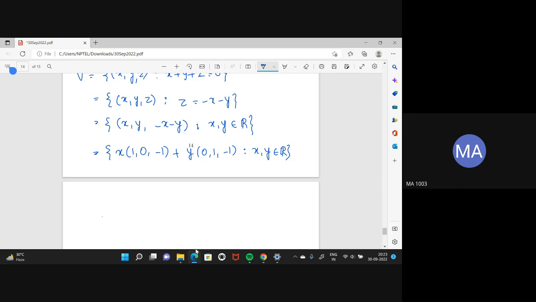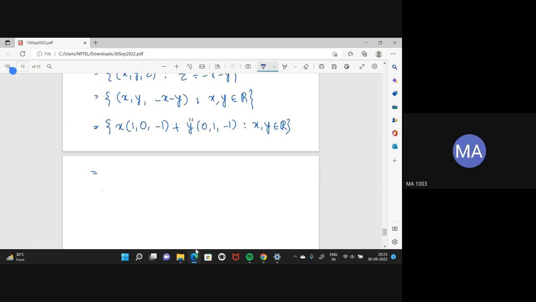Similarly, I'm taking y out because x and y are independent, right? You are allowed to choose x and y as you wish. Can I write this as span of some set? What is that set? (1, 0, -1) and (0, 1, -1).